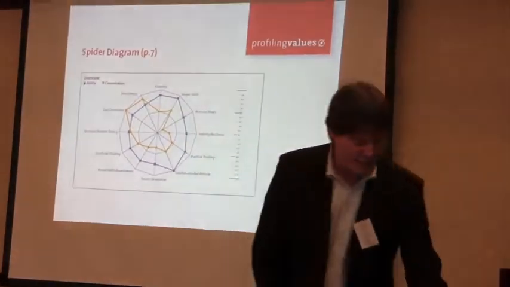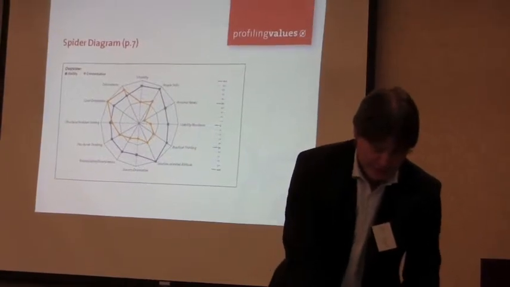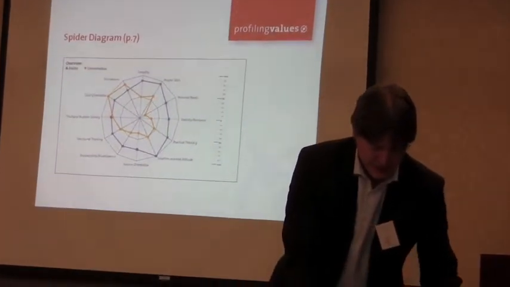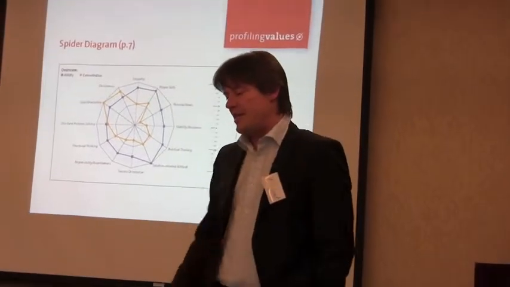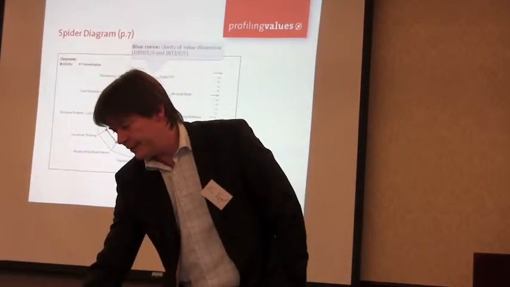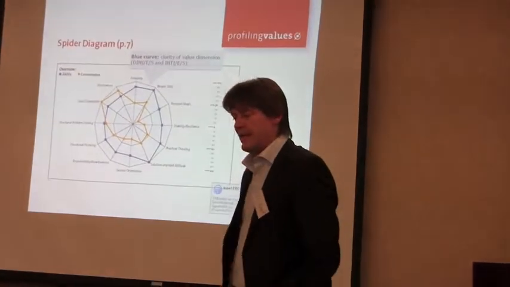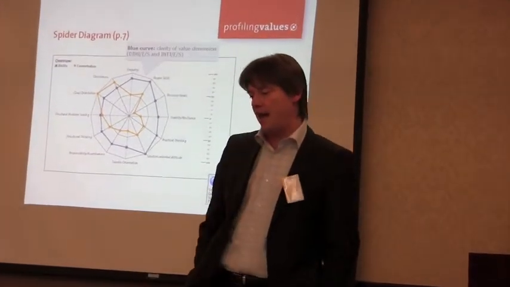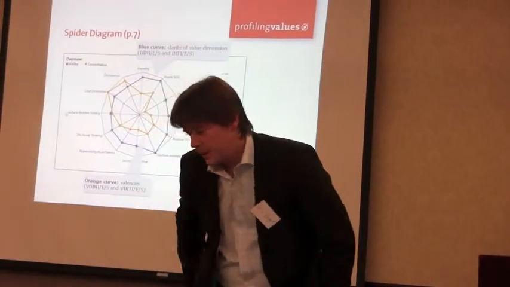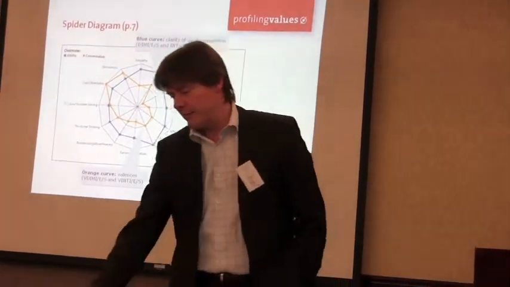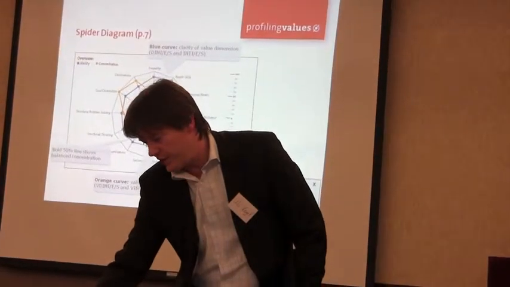Please have a look at page 7 of the sample report. This is the so-called spider diagram, and all the DIM and INT scales are covered there. The blue curve is the clarity, so there are the DIMs and the INTs. And the orange curve are the balances of these dimensions, of these scores.